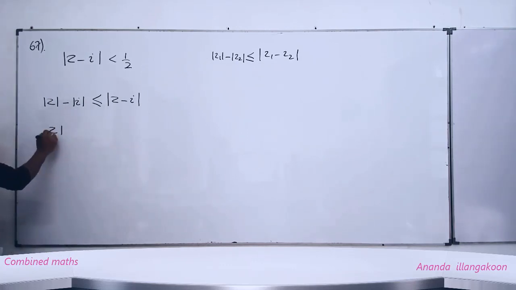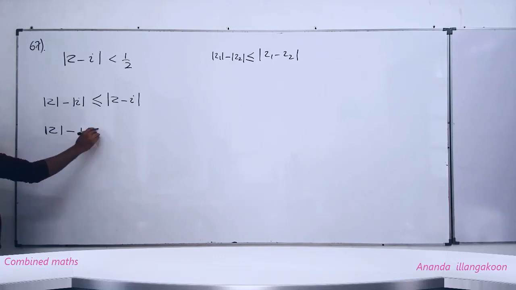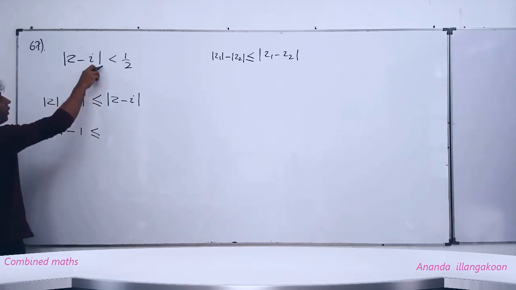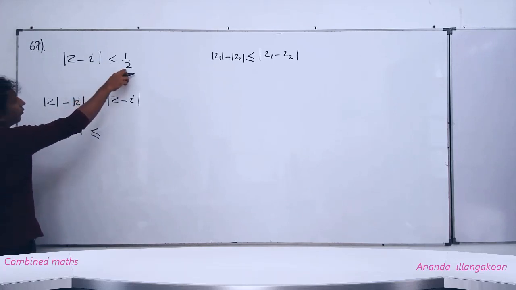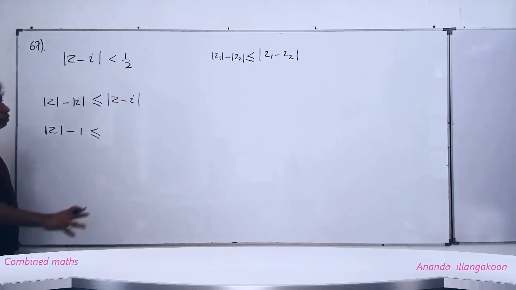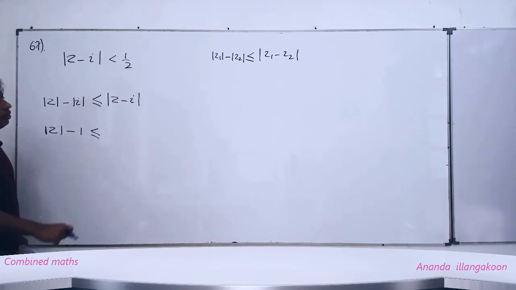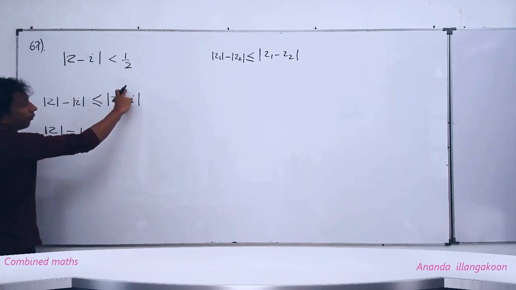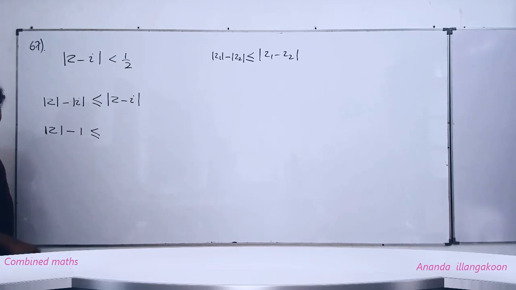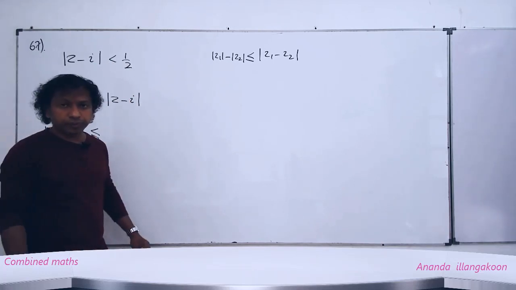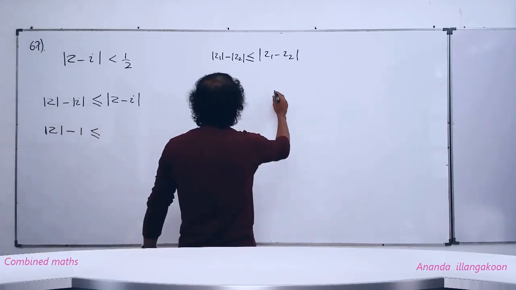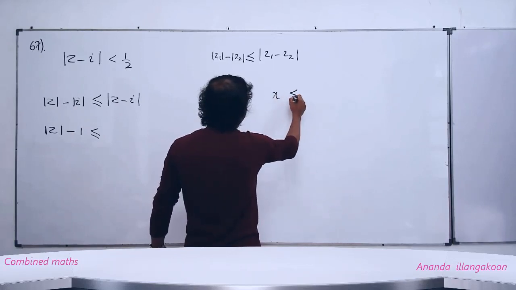We know that. Right. People, now here, mod Z minus i is less than half. This value is less than half. Then if we put for this Z minus i modulus half, people, still the right hand side is greater, no? Now think like this: x greater than 5.